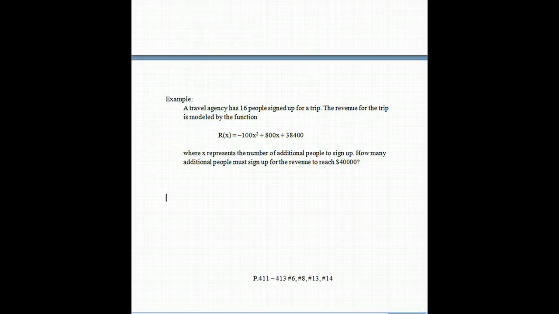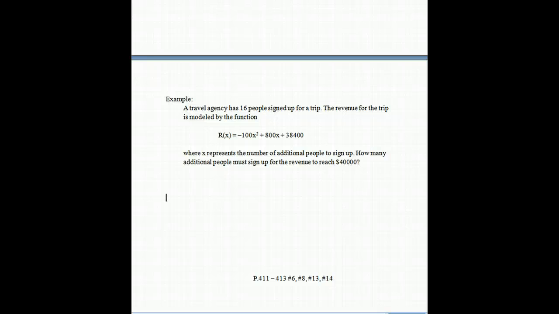Last example is a revenue style question. So 16 people signed up for a trip. The revenue for a trip was modeled by this function here. X represents the number of additional people who sign up. How many additional people must sign up for revenue to reach $40,000? So 40,000 is our new revenue.